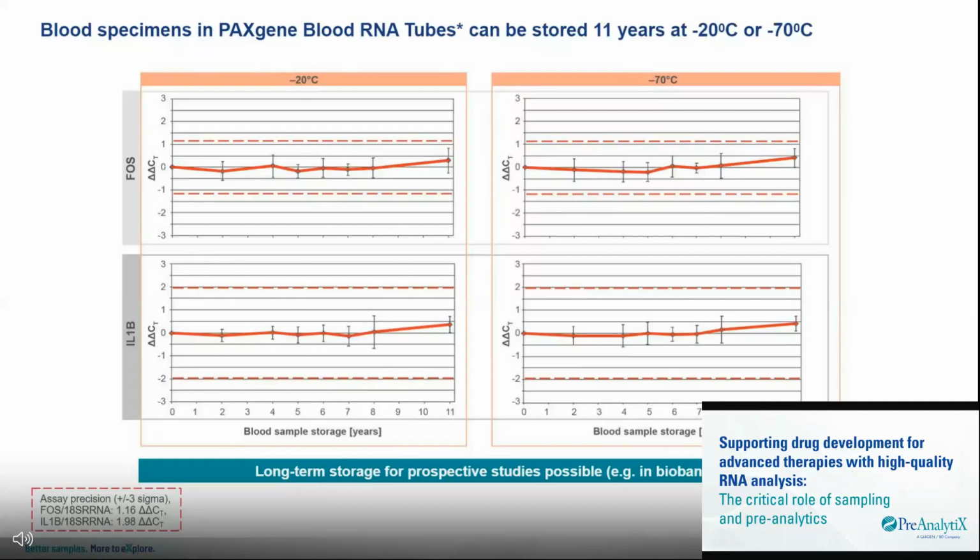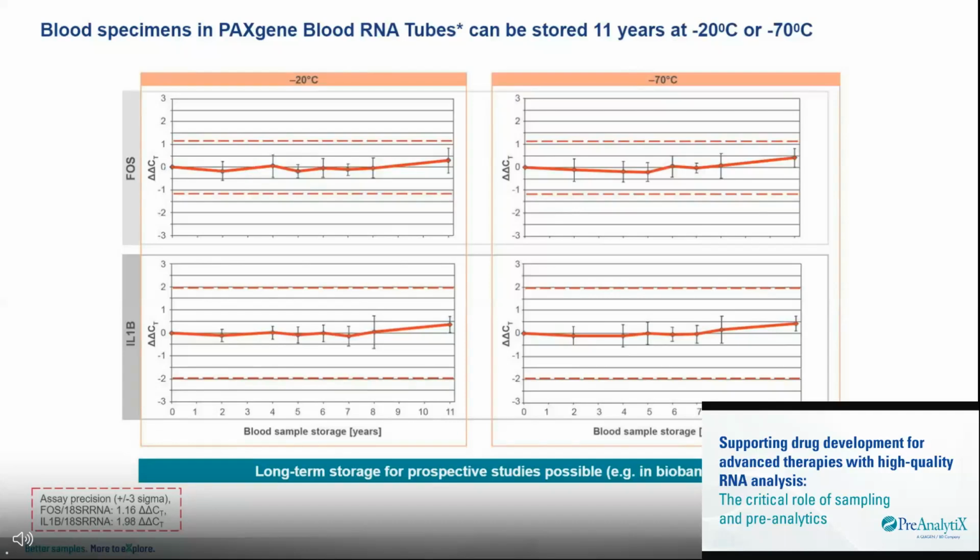Shown here are the delta-delta CT mean values between stored and unstored samples. What we can see is that all mean values stay within the method's precision. This is only a subset of data. We have more. We looked also into RNA integrity, yield, purity, and so on.